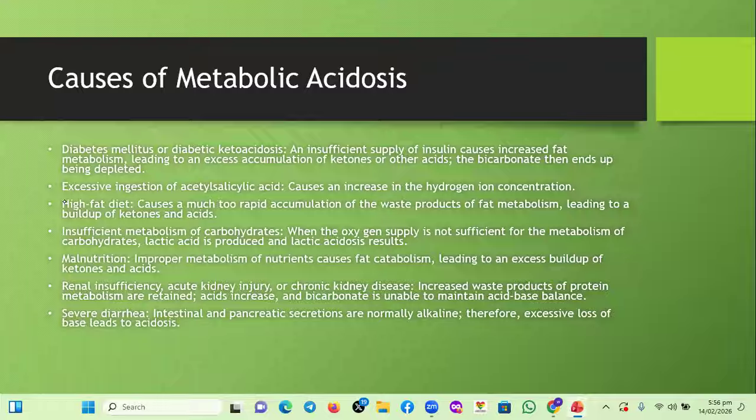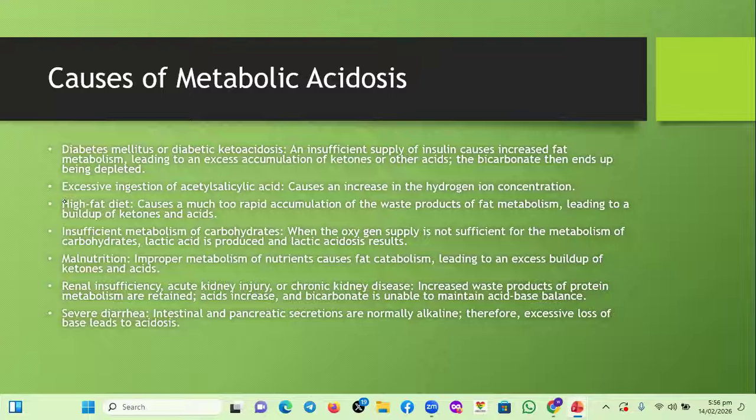So if you have come across a DM, and we say that in DM the person will experience metabolic acidosis, understand that the cause is because the person will break down what we call stored fats, for gluconeogenesis, right? And then at the end of the day, the end product of fat metabolism is ketones.